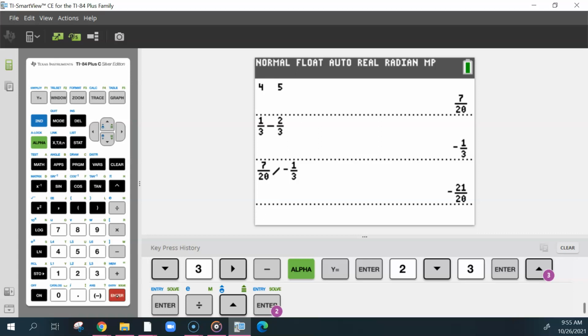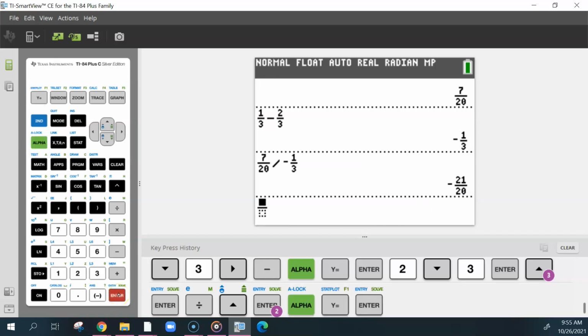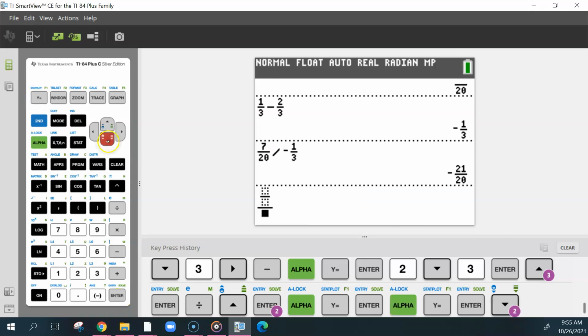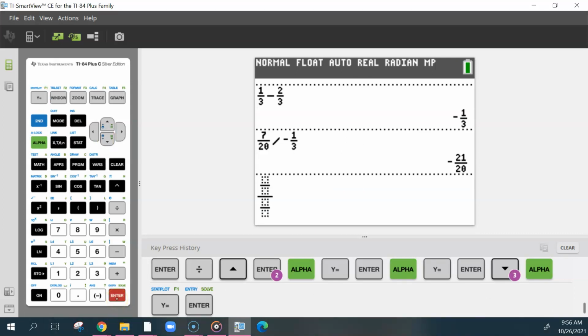Another way to write this, and I would not recommend this only because the fraction part gets confusing, but if you wanted to start off by writing it like this, you would grab a fraction in the numerator, make it another fraction, go down to the denominator, make it another fraction, and then put both pieces in there.